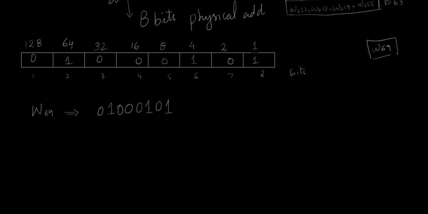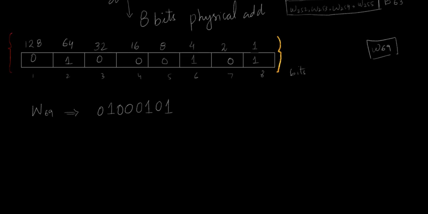This is exactly the 8-bit physical address, and you are supposed to do it exactly like this, the way I am doing it. You're not supposed to quickly do it so that I don't understand any of your calculation. It doesn't mean that I don't know the calculation, but it means that I want to know if you're copying it from someone else, or you're properly performing all the calculations which are being taught to you in the class, and in fact I'm teaching you all these things in the video as well.